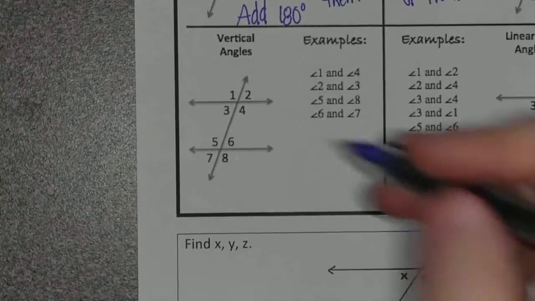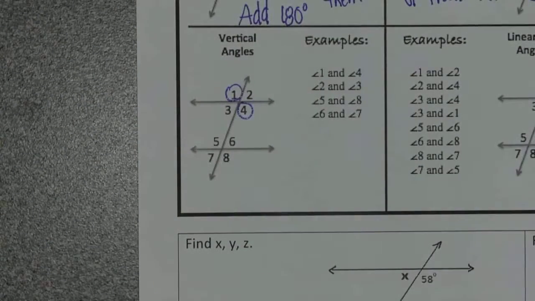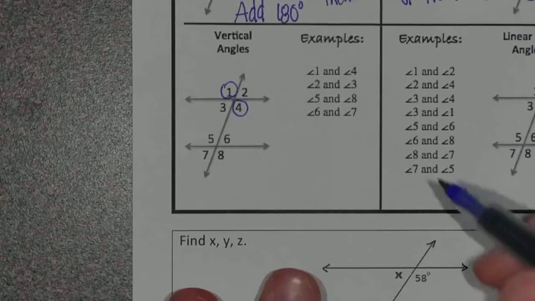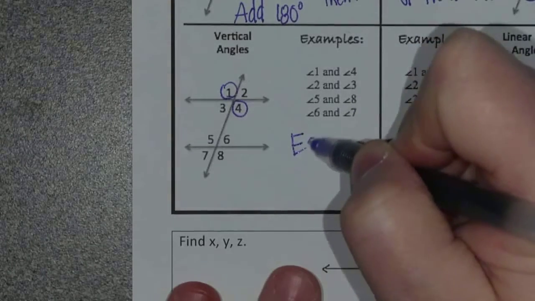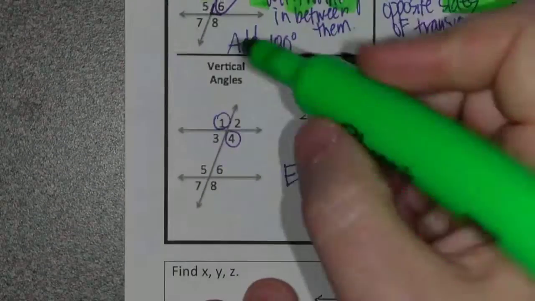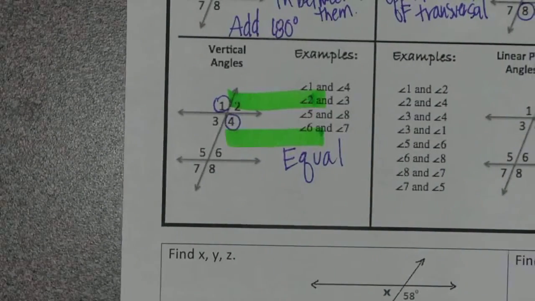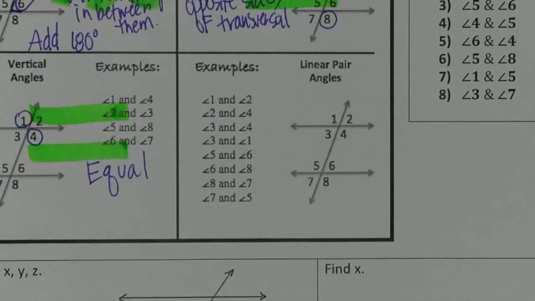All right, two we've already talked about. Vertical angles. They're right across from each other when you form that cross. Does anybody remember what we decided vertical angles were the other day? They are equal to each other. We decided that last time we did a note-taking guide. And then we also did linear pair last time.